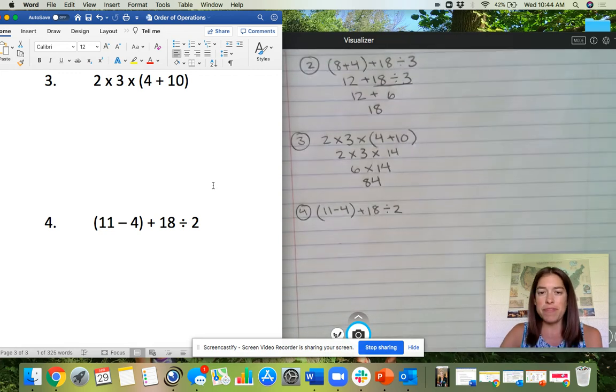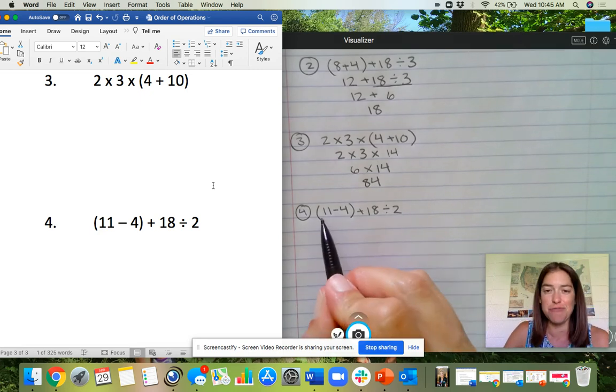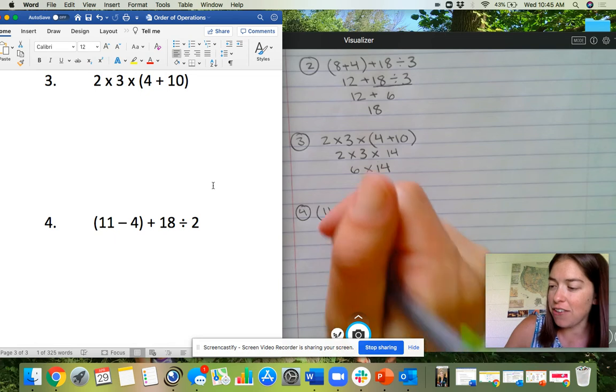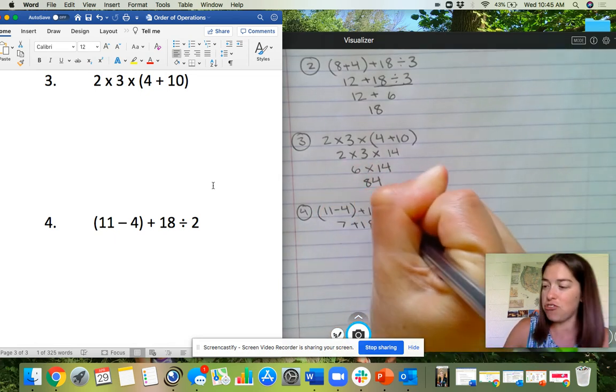All right. Starting to get the hang of this. Our order of operations, GEMS, G. G stands for grouping. Got to do what's in my grouping first. I'm going to do my 11 minus 4 first. Go ahead and write that down and then copy the rest of your equation.